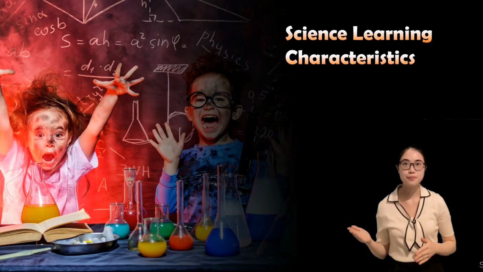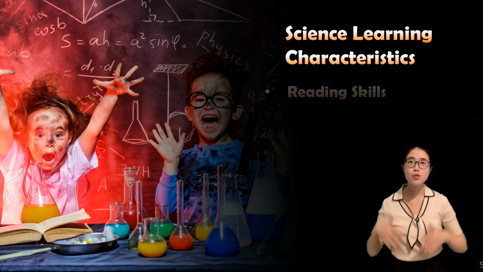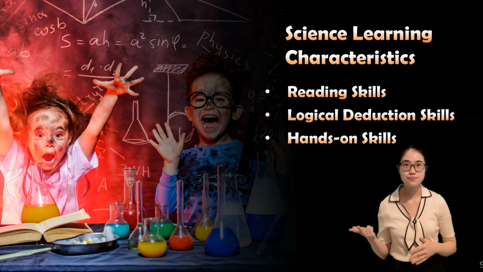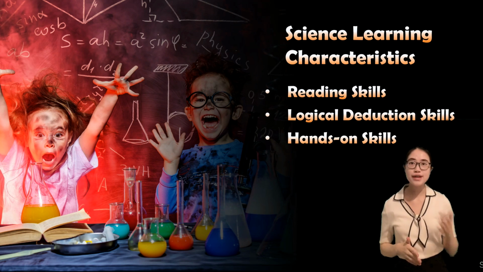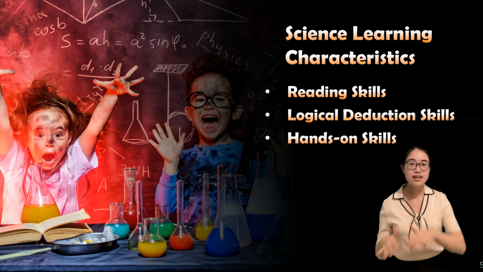Science, for example, is not a language class or a math class. It is very integrated and requires reading skills, logical deduction skills, and hands-on skills. So we need to use practical activities to let learning happen with the brain thinking, hands moving, and mouth opening.